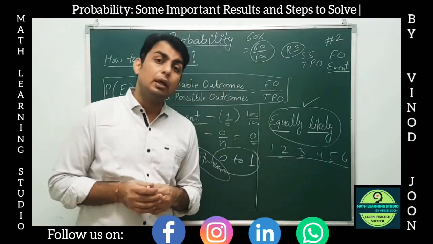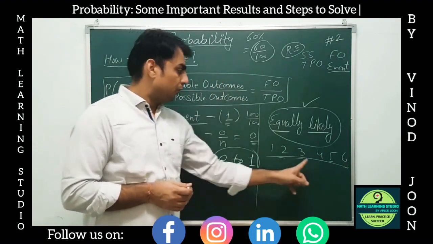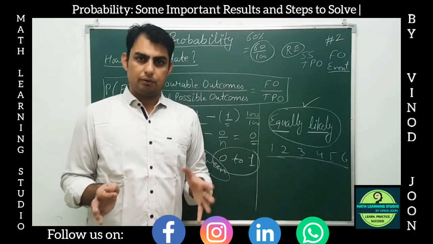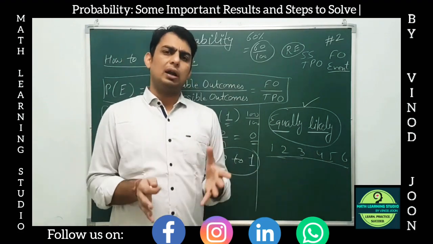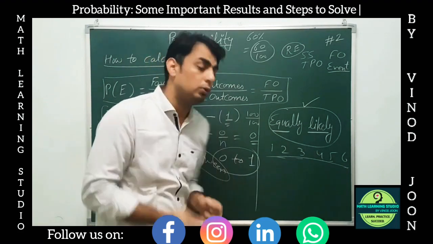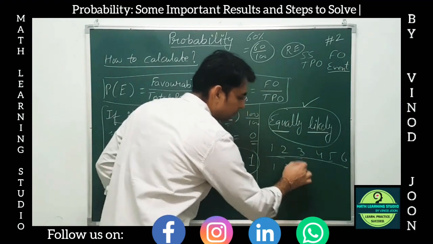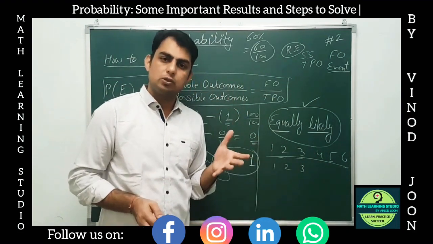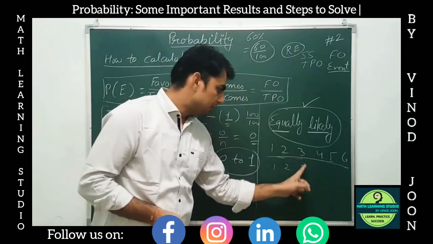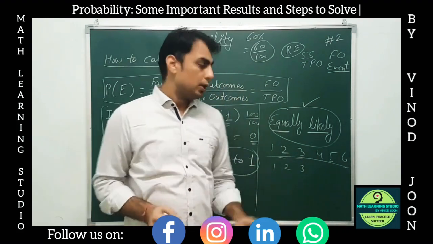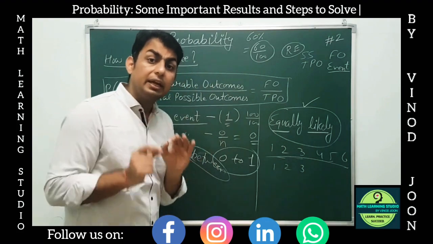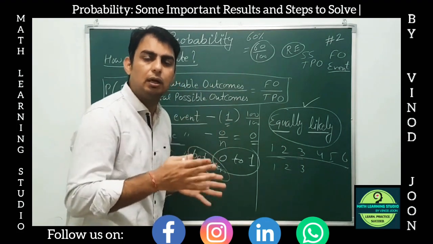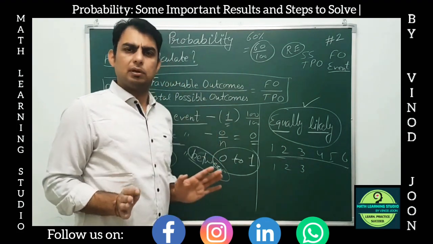So अब वहां पर क्या होगा, वहां पर 4 5 6 के लिए तो कोई चांस नहीं हुआ, right. 1 2 3 1 2 3 दो बार आ गया, so वहां पर भी equally likely क्यों हुआ, because 1 2 3 1 2 3, this will be the sample space, so you can see 1 is twice, 2 is twice, 3 is twice, तो equal chances हैं. So equally likely means each and every individual result is equally possible, equal chance.